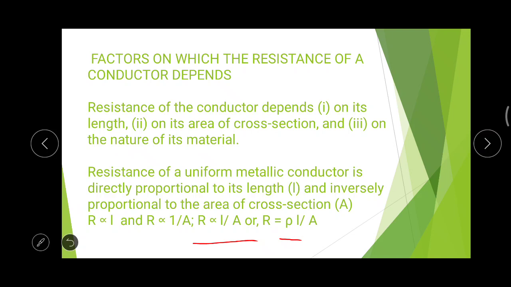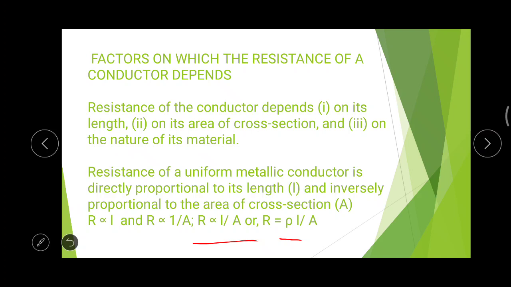So R proportional to L by A becomes an equation as R is equal to rho into L by A, where rho is the resistivity of the conductor. Actually the rho depends upon the nature of that conductor. Whichever material is used, depending on that material, we have to decide the rho value.